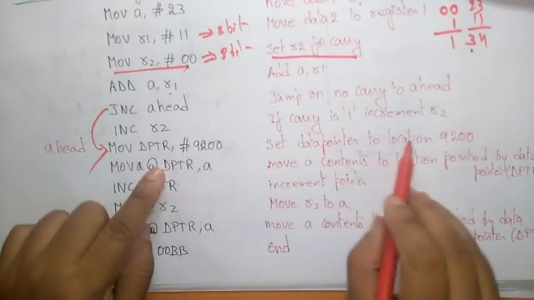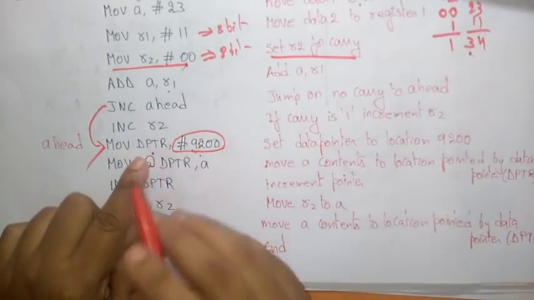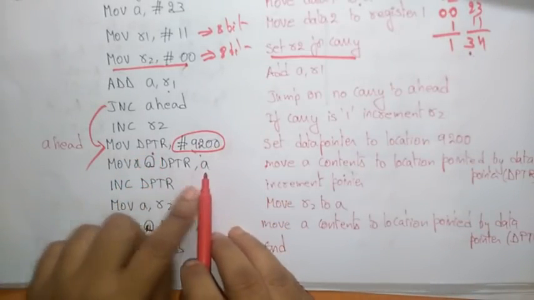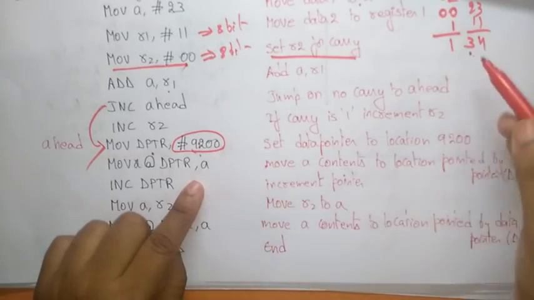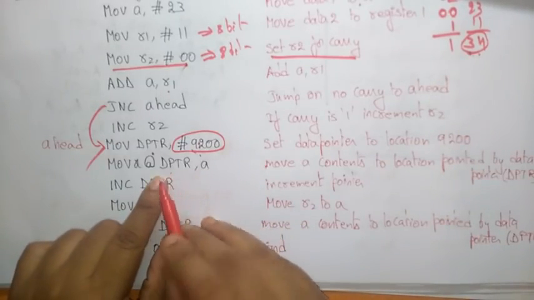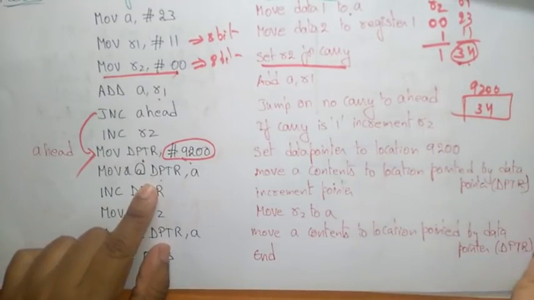So set the data pointer to a location. I am taking one memory location, 9200, to store the value, and it is stored in DPTR. Now the A value, whatever I get, that is 34, is moved into 9200. So in the 9200 location the value 34 will be stored.